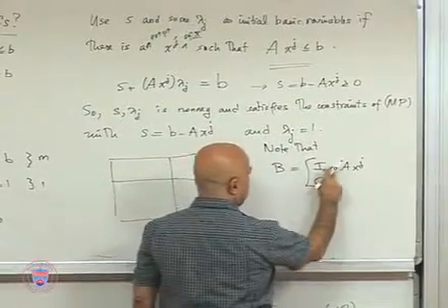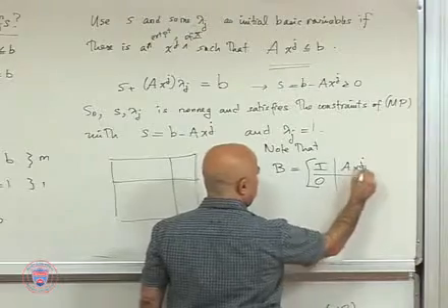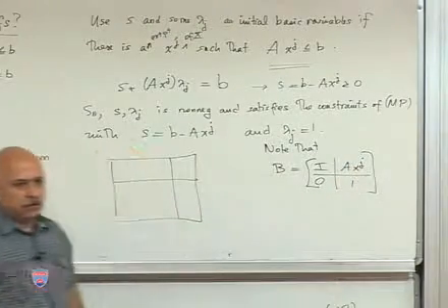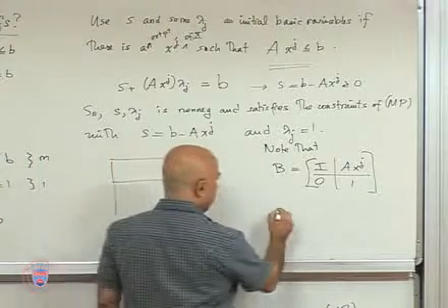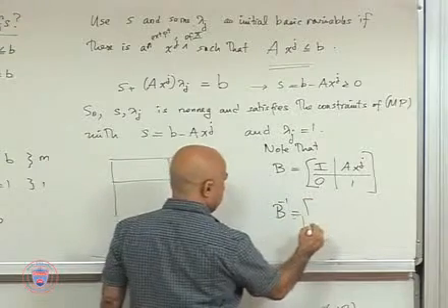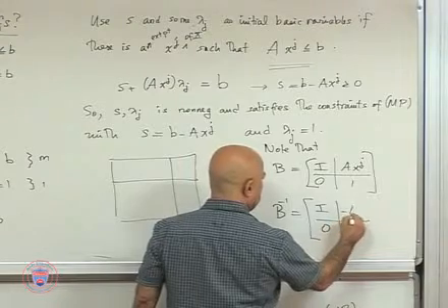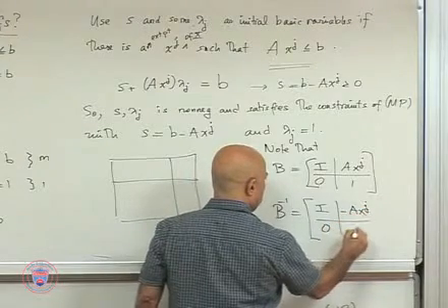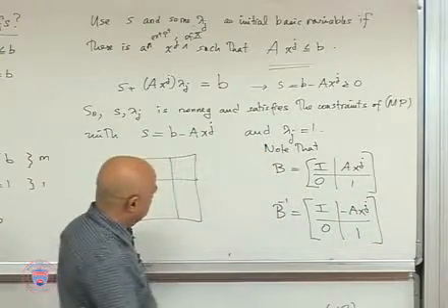We have 0 here. We have a 1 here in that column. So B inverse is easy to get. It will have identity, 0, minus a xj and 1. Am I right? Let me see.